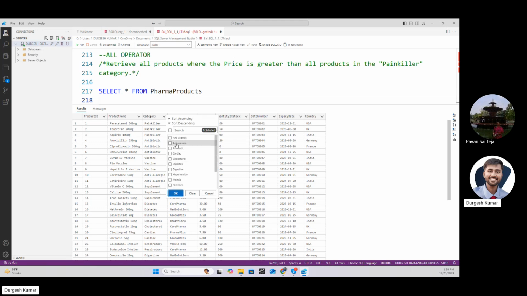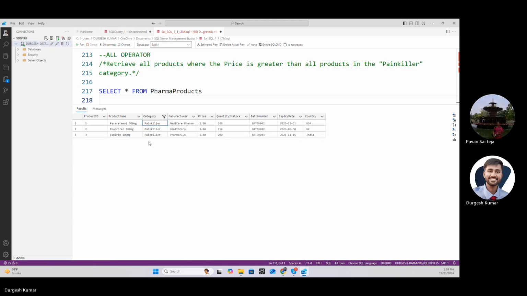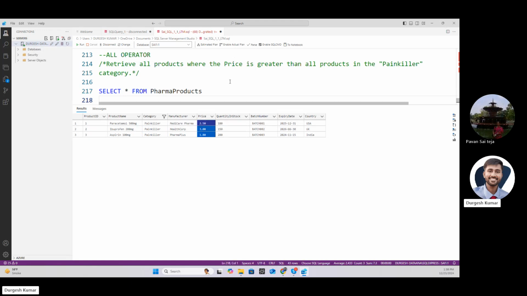So if I filter only painkillers, these are the painkillers and the prices are 2.5, 3 and 1.80. It means I have to find all the products greater than these prices. That's it. This is the meaning of the question.